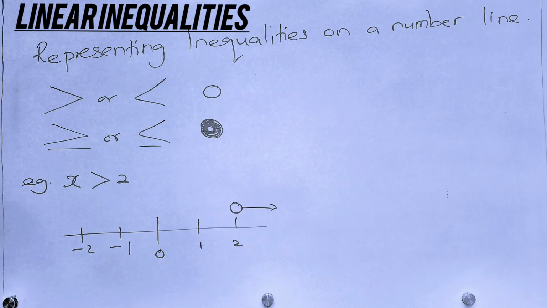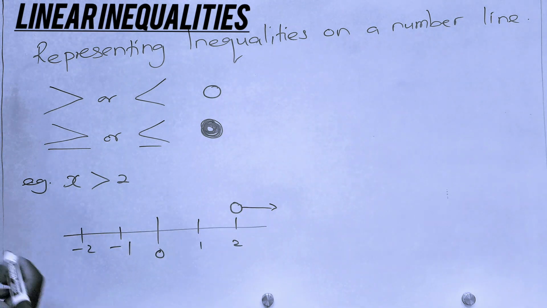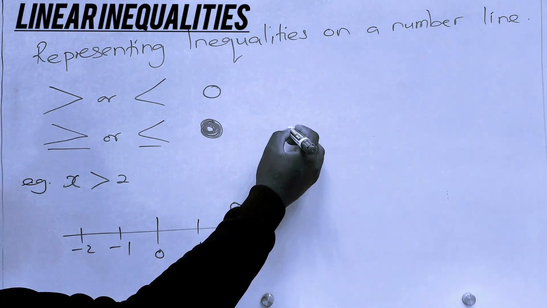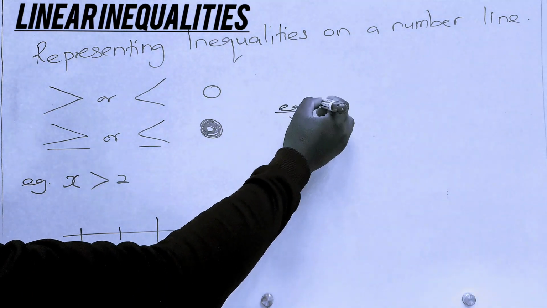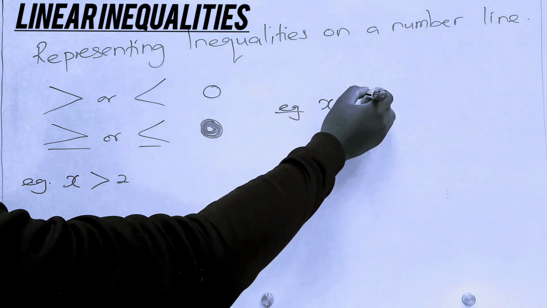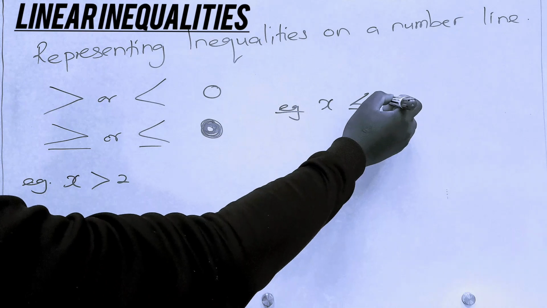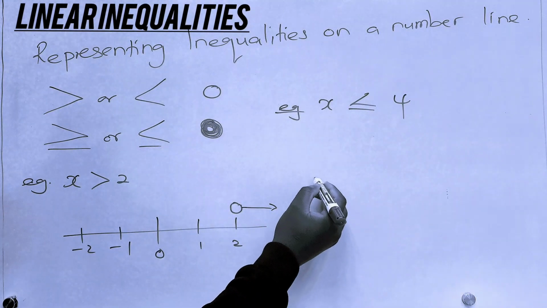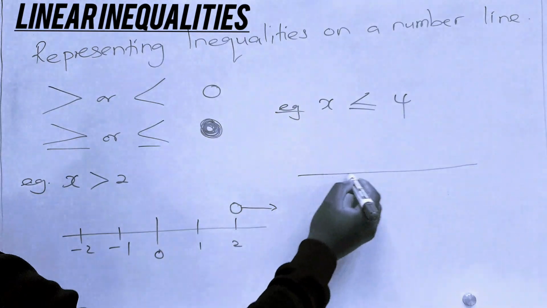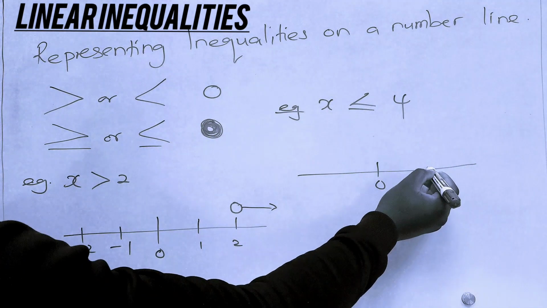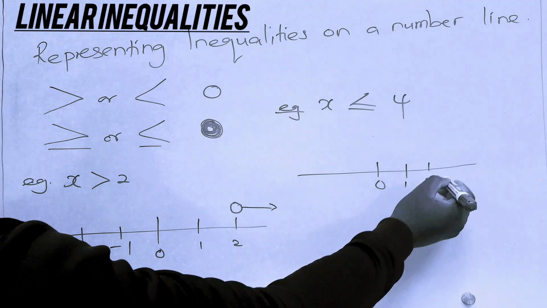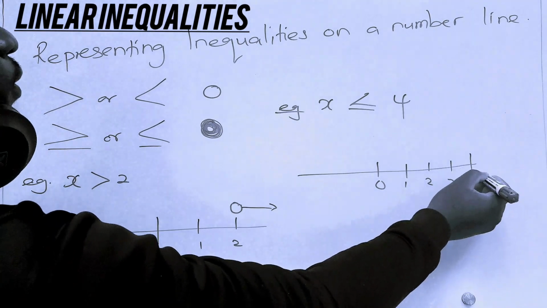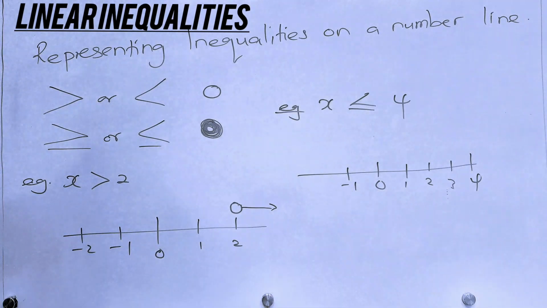Then another example. Let's say x is less than or equal to 4. Here we draw our number line. 0, 1, 2, 3, 4, minus 1.